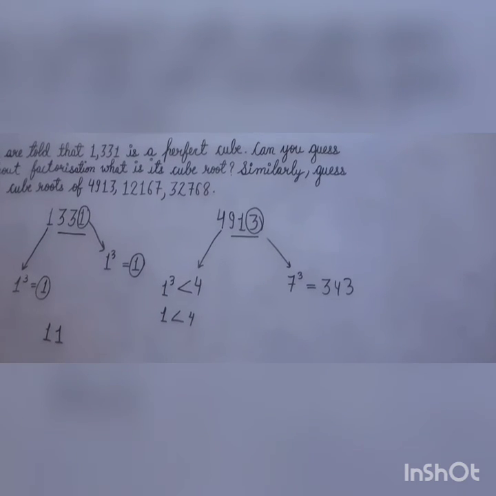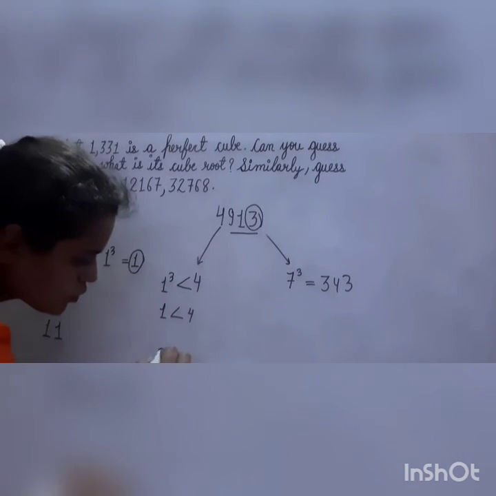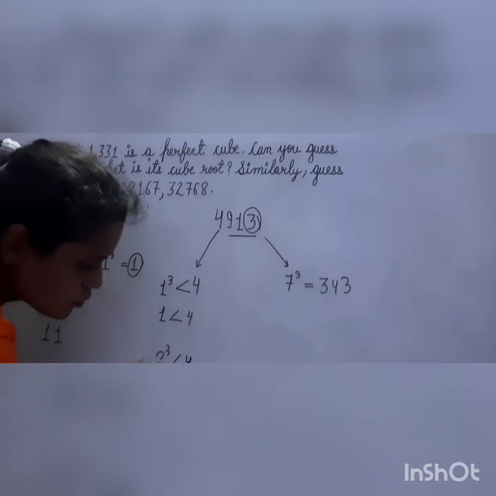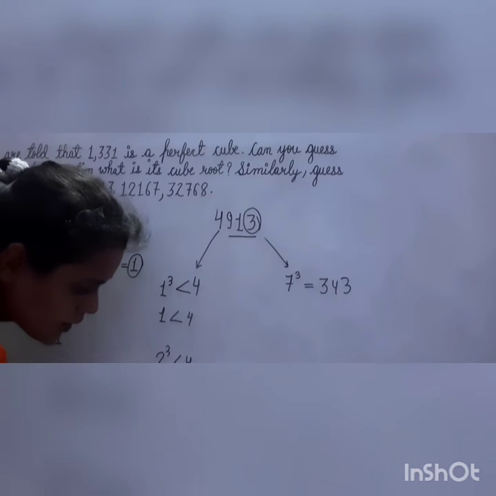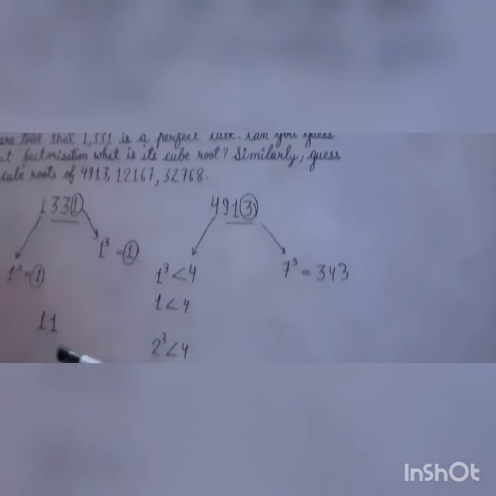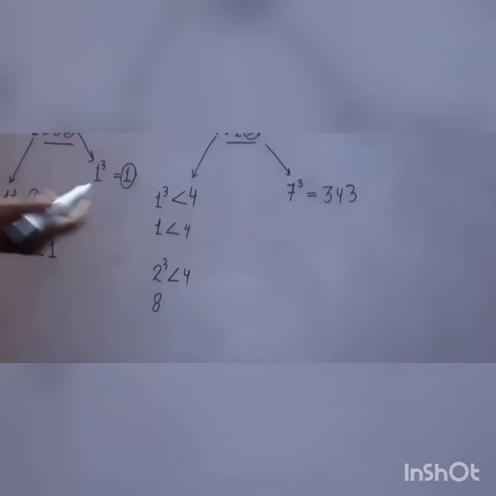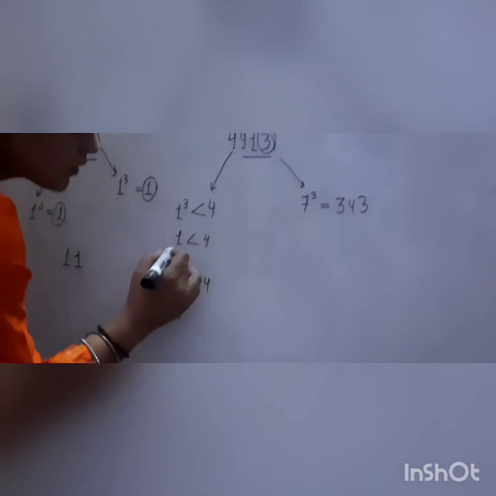Suppose you take 2, the cube of 2. You know that 2 times 2 is 4, 4 times 2 is 8. It is greater than 4, so you will not take 2. Here it is 1.